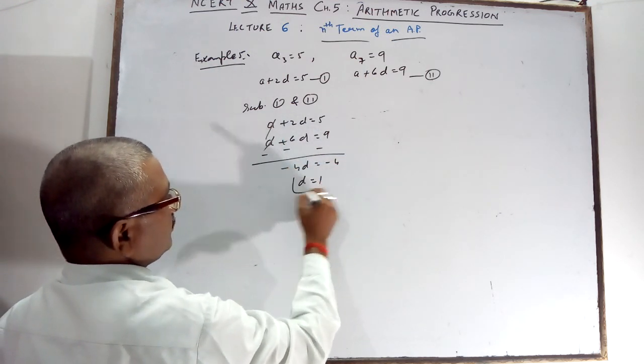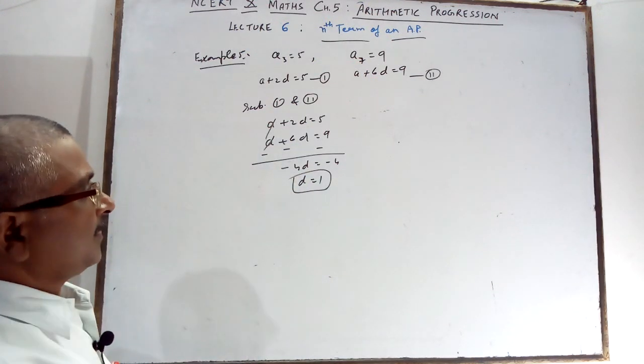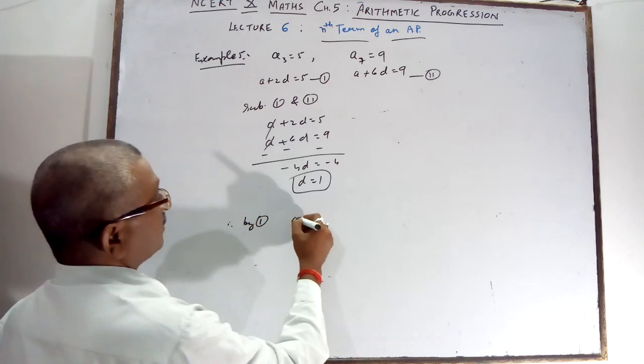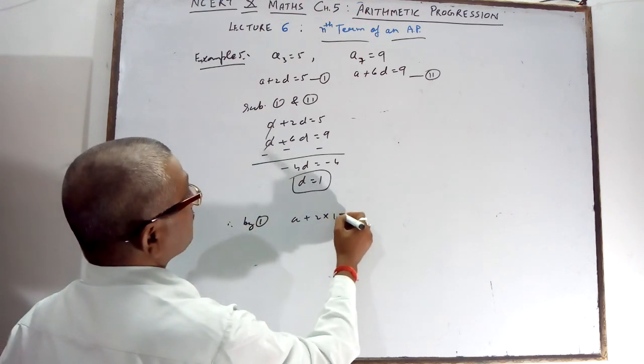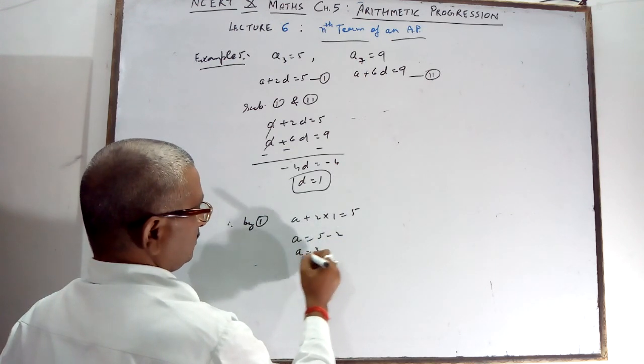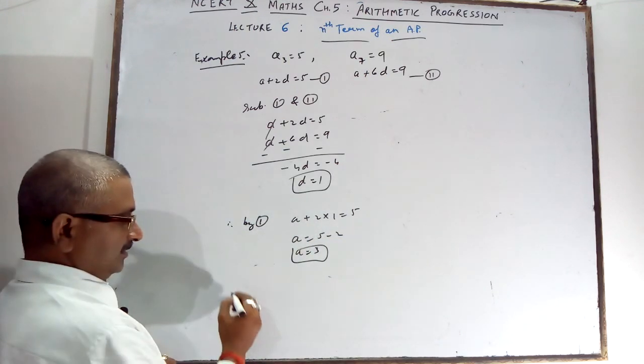Then D is equal to 1. With D as 1, by the first equation A plus 2 into 1 is equal to 5. So A is equal to 5 minus 2, which is 3. The first term is 3.